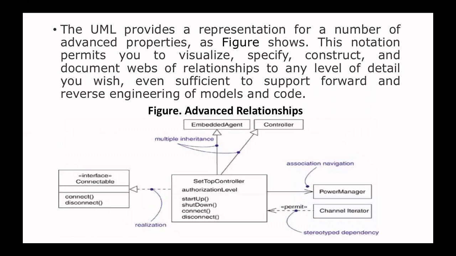The UML provides a representation for a number of advanced properties, as the figure shows. This notation permits you to visualize, specify, construct, and document webs of relationships to any level of detail you wish, even sufficient to support forward and reverse engineering of models and code.